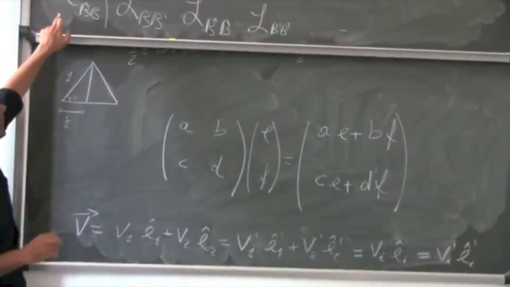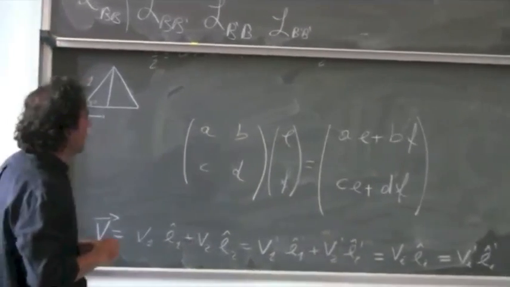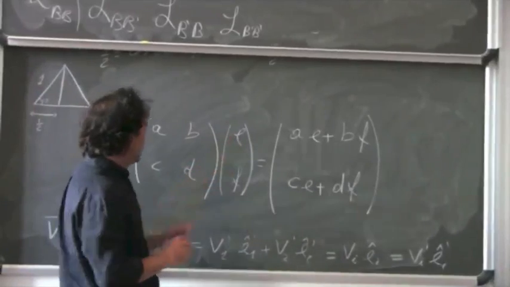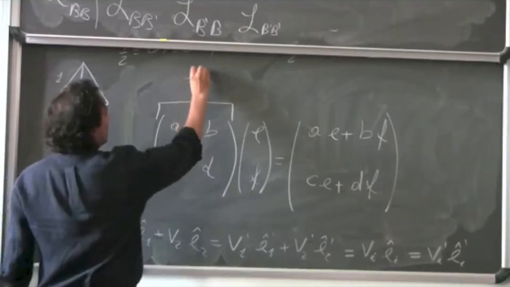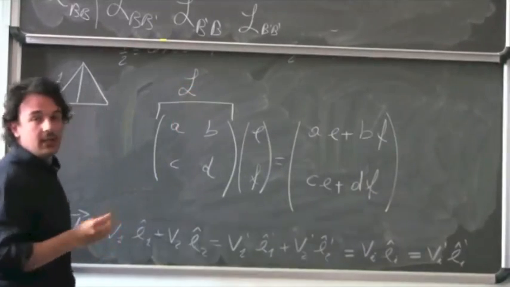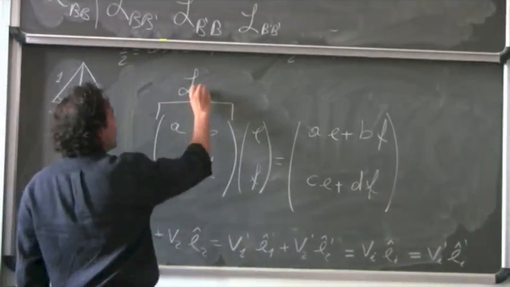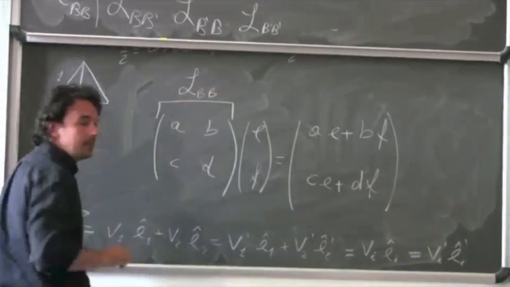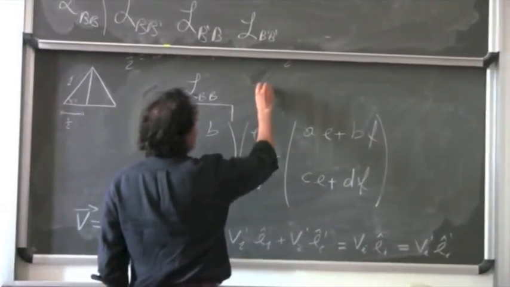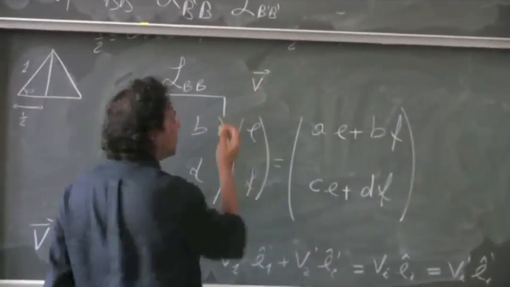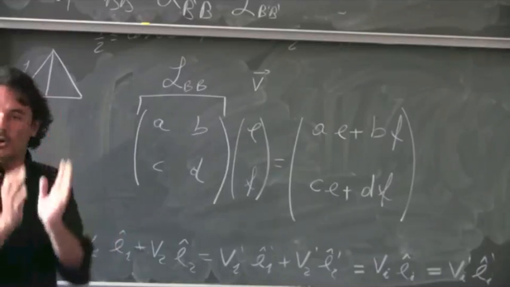So what is the idea of this representation? You project, the idea is the following. Here we put the representation matrix of the linear application L with respect to the two bases B and B. Here we put the vector V, but not a general vector, because we need here not a vector but a column of numbers.